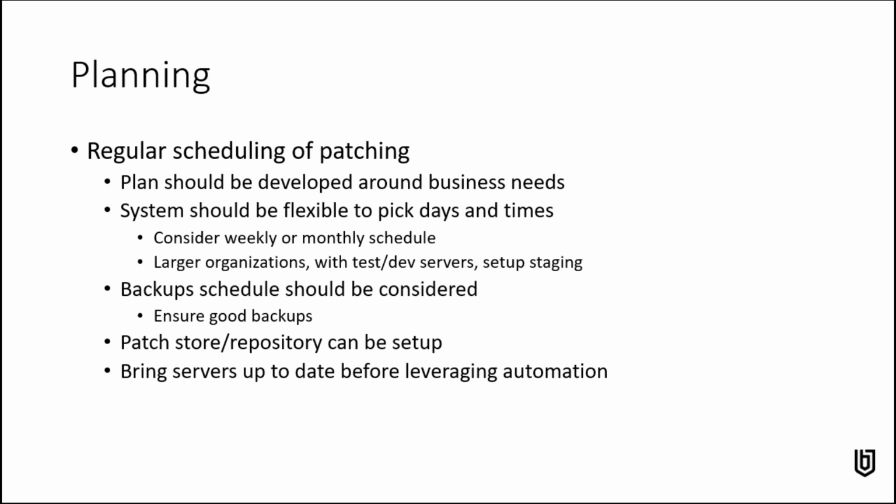So for larger organizations, if you have servers in the background where you have an application that runs on a server, where you have a test or a dev environment, and then you also have your production environment, staging is a recommended way to go, so that you can stage your patch in your dev environment, ensure that everything is working properly, and then it can be automatically scheduled that a deployment would be, say, a week later or something of that nature.